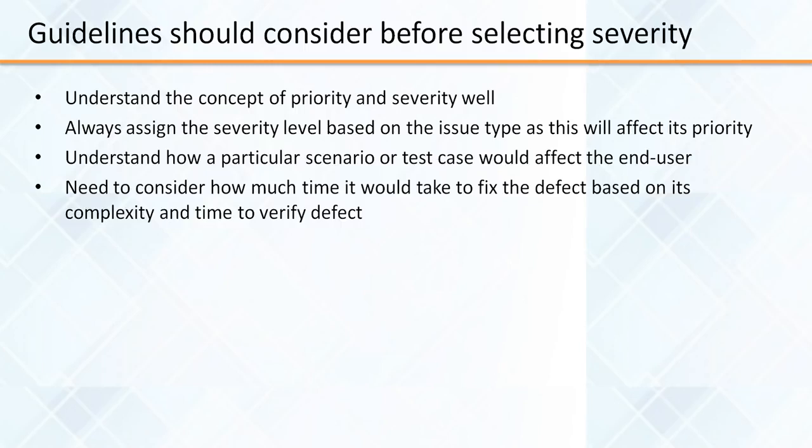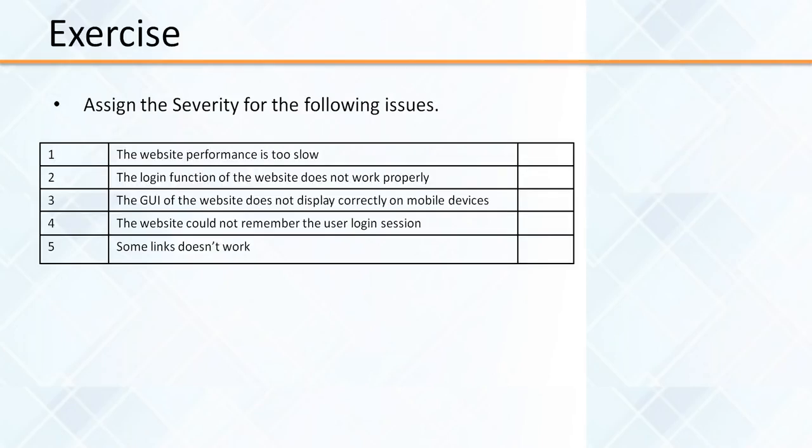So, a small exercise here. I have five scenarios, and we have to give the severity to those scenarios. The website performance is very slow. That is one defect. The login functionality of the website doesn't work properly. The third scenario: the GUI of the website, GUI meaning graphical user interface, the look and feel of the application.